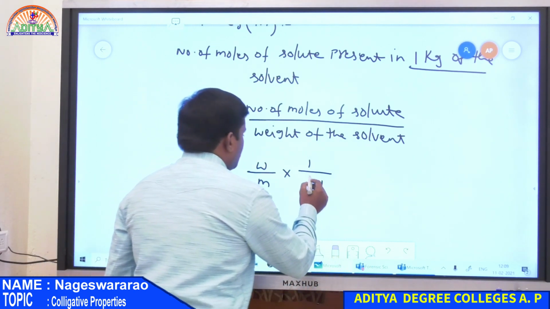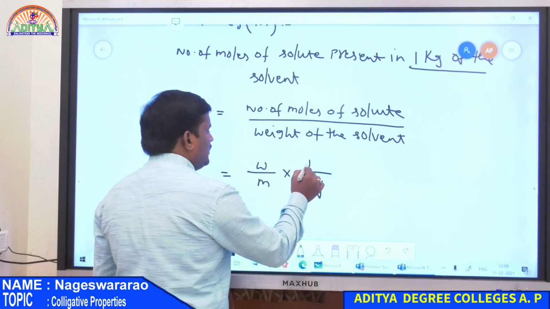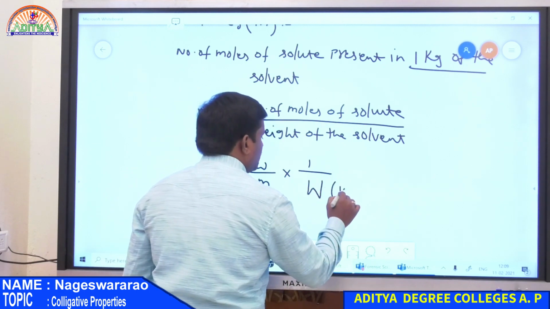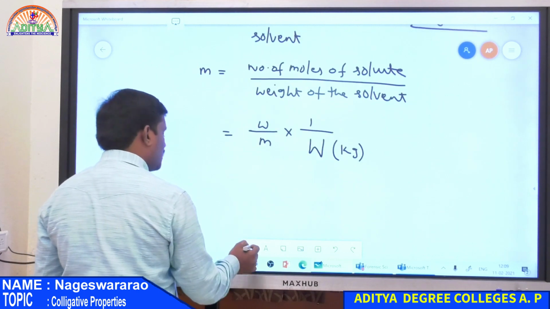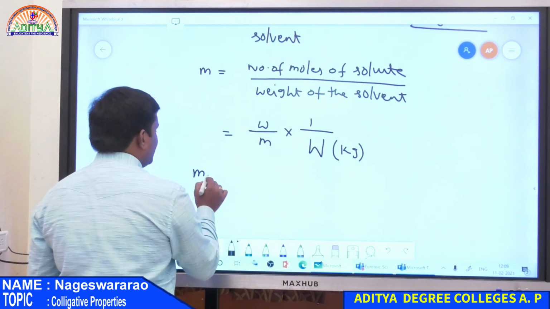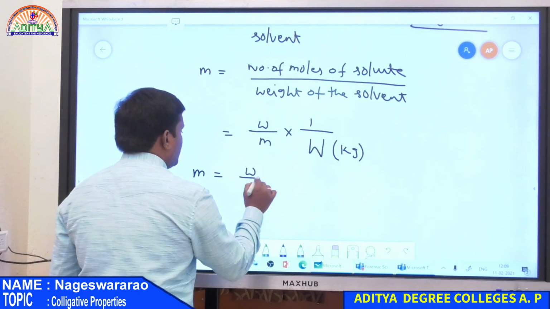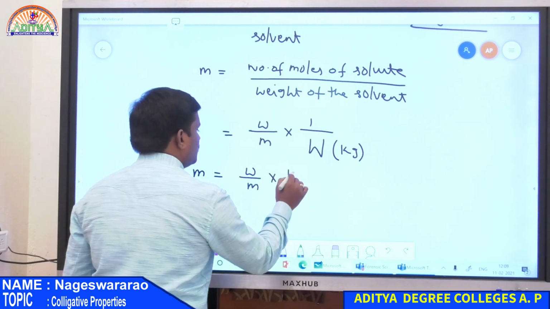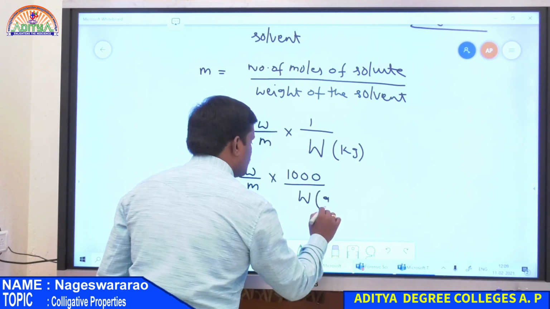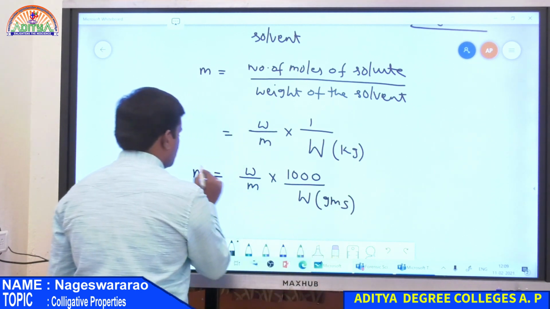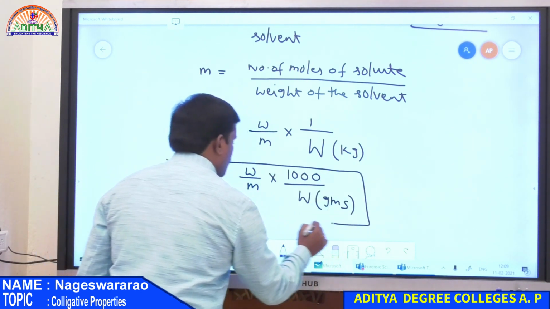So here w by m into 1 by capital W in kgs. If it is represented in terms of grams, then molality is equal to weight by molecular weight into 1000 divided by capital W in grams. So this is the formula for molality.